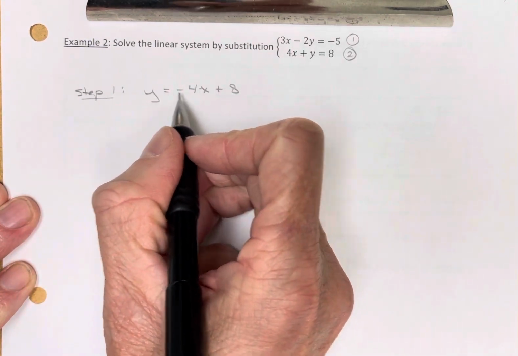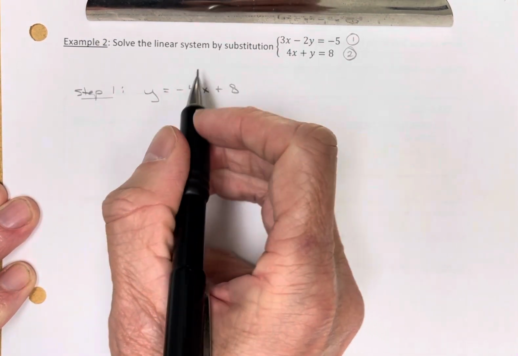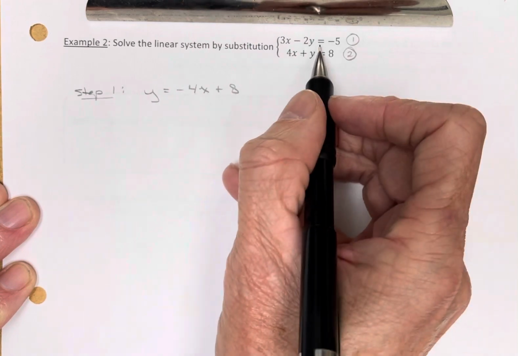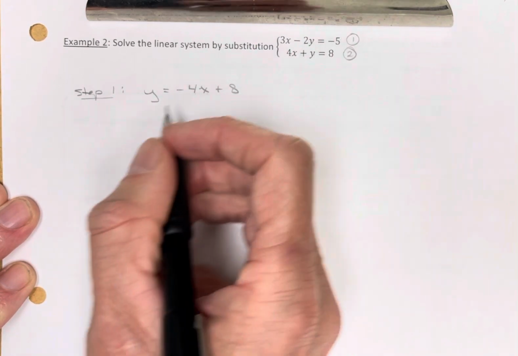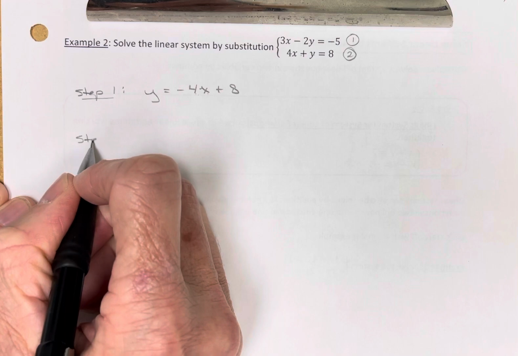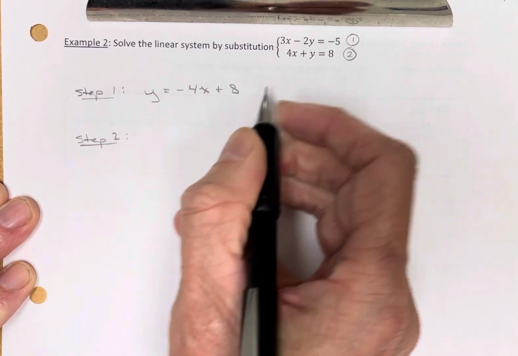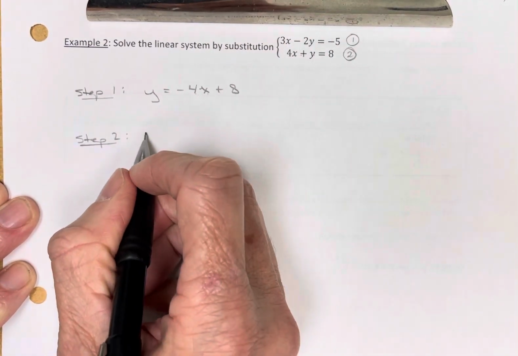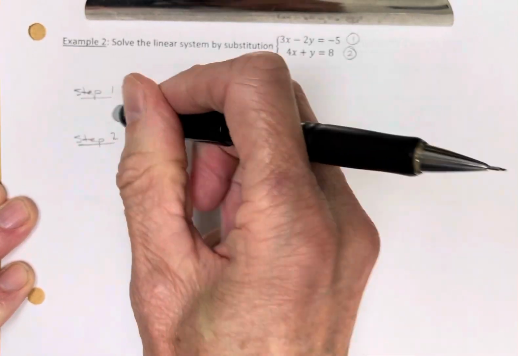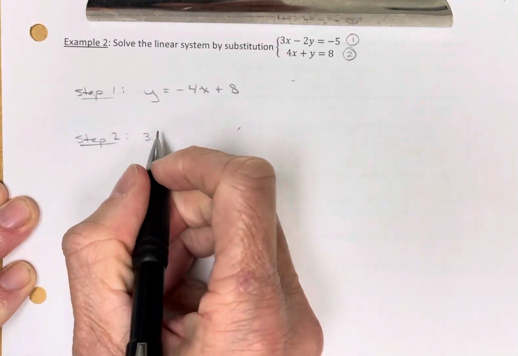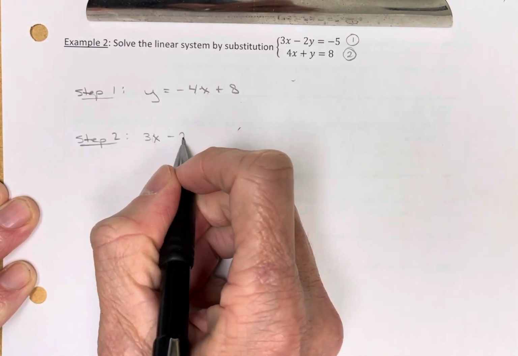Now that I know that y is equal to negative 4x plus 8, I can put negative 4x plus 8 in for y in equation number 1. So step 2, I can rewrite equation 1 as 3x minus 2y.